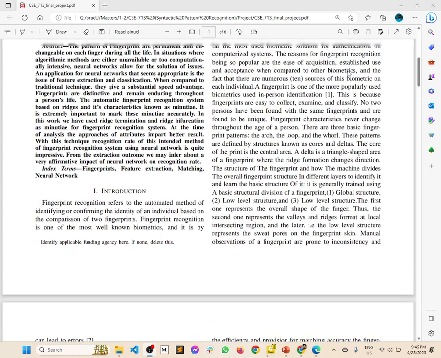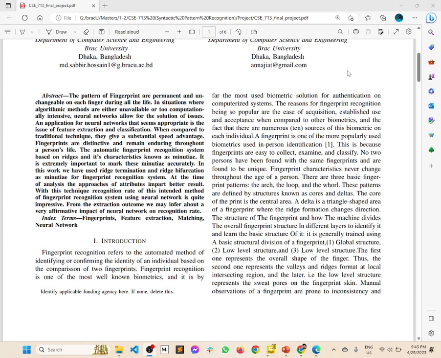Introduction. Fingerprint recognition refers to the automated method of identifying or confirming the identity of an individual based on the comparison of two fingerprints. Fingerprint recognition is one of the most well-known biometrics, and it is by far the most used biometric solution for authentication on computerized systems.